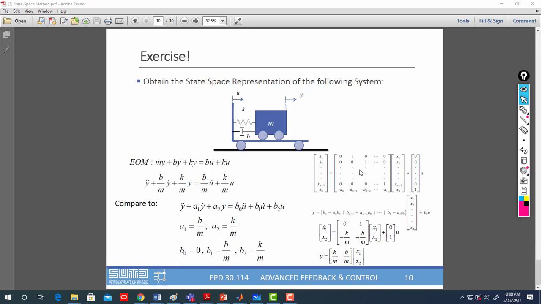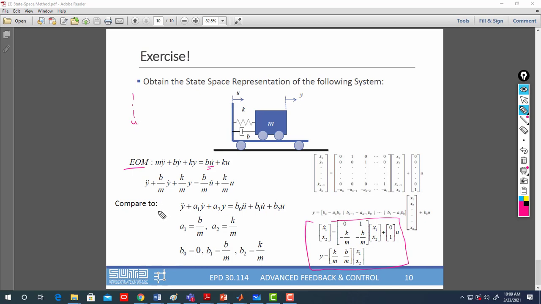So now I'm having this example and I'm asking you, you see the second member of the equation is related to the derivative of the input, and this is your equation of motion. We ask you to find the state space representation, so to find A, B, C, and basically D. Now we are not imposing state variables and going from step 1 to step 4.